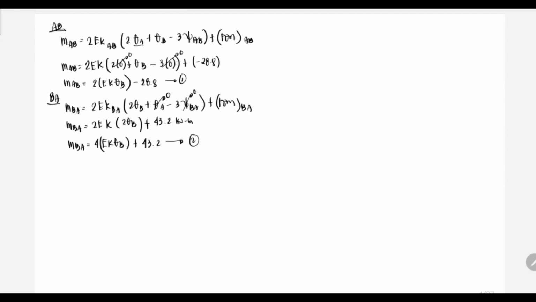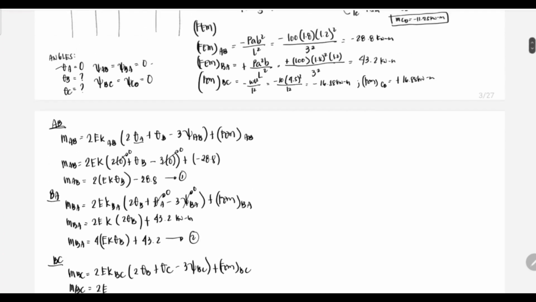Next naman natin is your moment BC. Okay? Sa moment BC natin, we have 2EK BC multiplied by 2 theta B plus theta C minus 3 psi BC plus our fixed end moment of BC. Next, substitute the value. So, we have MBC is equivalent to 2E. Ano naman yung KBC natin?